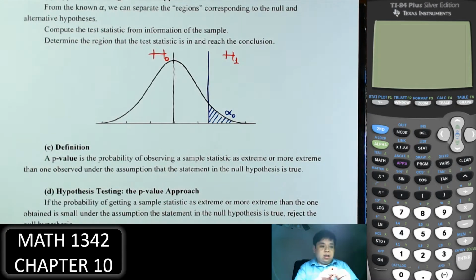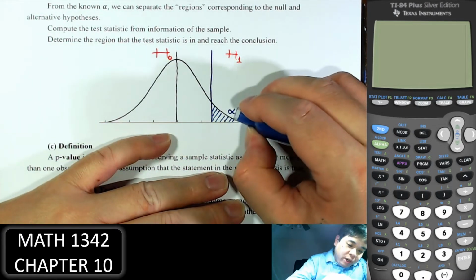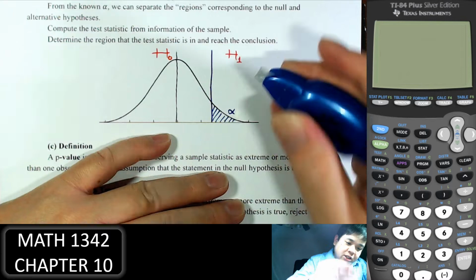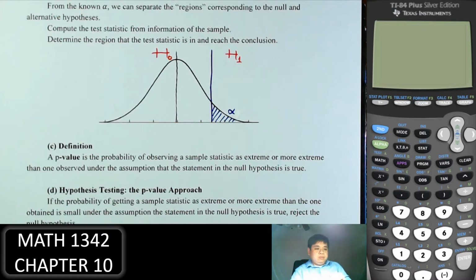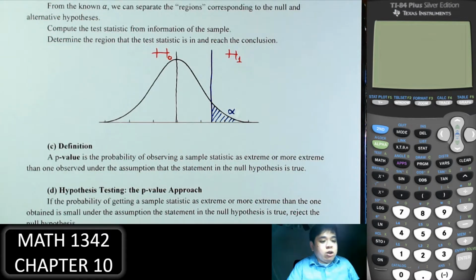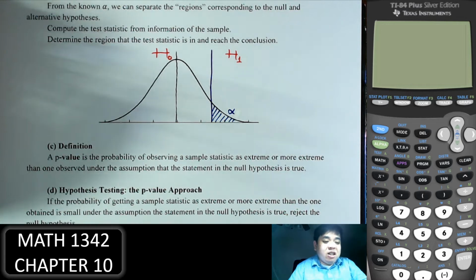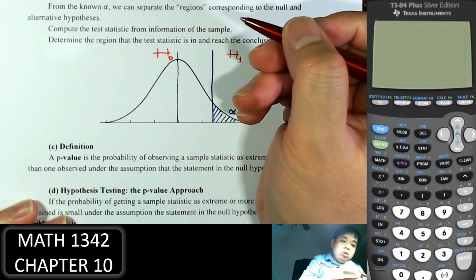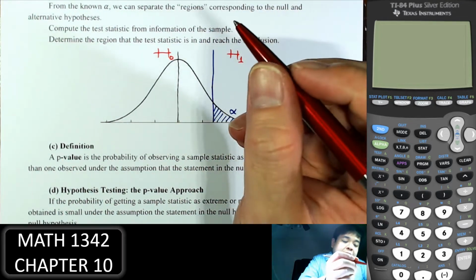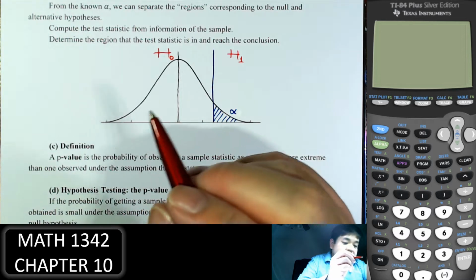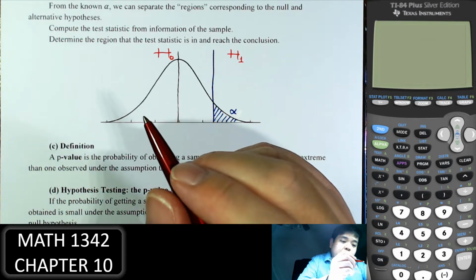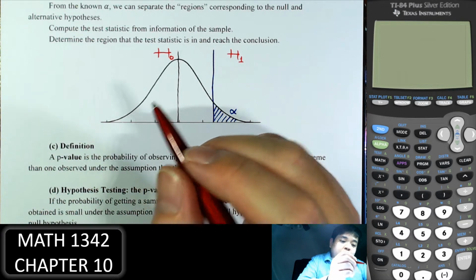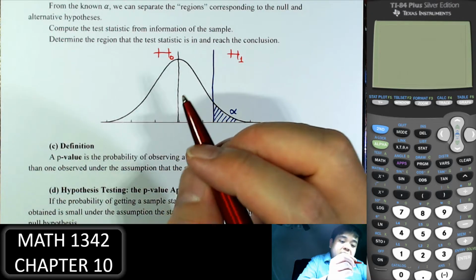So the alpha is given, so we can establish the H0 and the H1. Next, we compute the test statistic from the sample. We gather the evidence, we gather the sample information, and we compute the test statistic. With that test statistic, we will have what we call the z0.